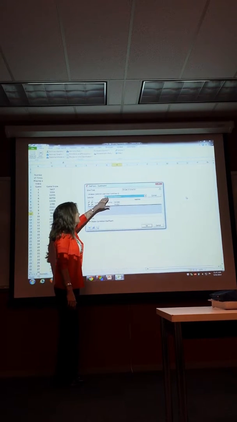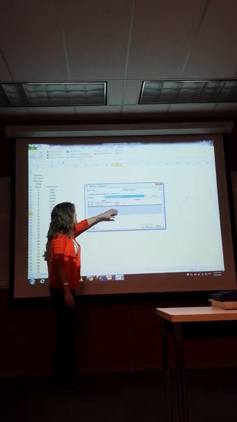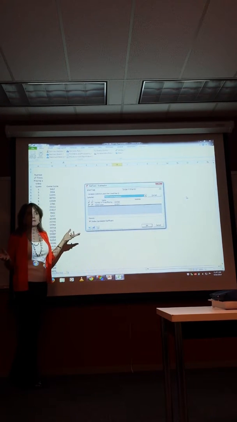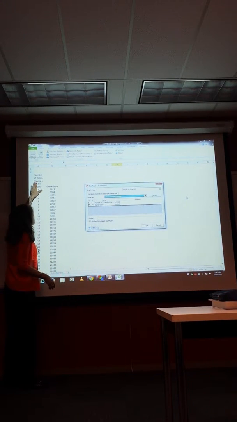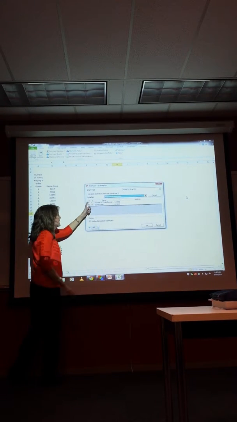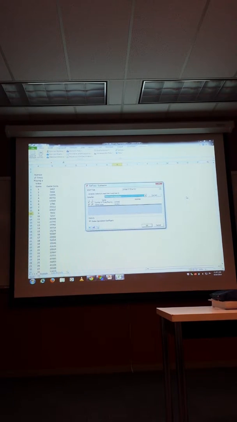So, yes, the video game regression data set is the one that I want to use. Okay? And then it shows me the two variables. It shows me the number of times it was played and the game score. And it's going to ask me which one is X and which one is Y. Well, which one of those is X?